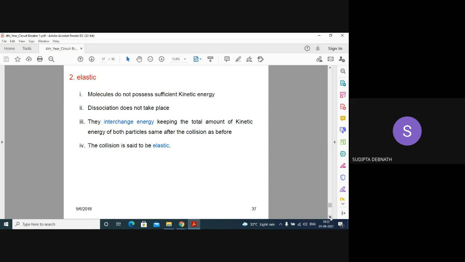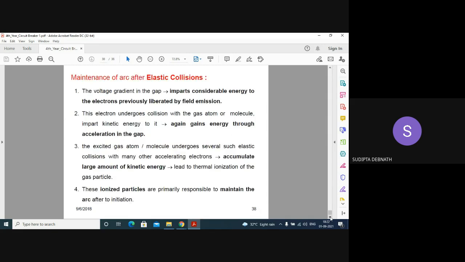You have studied the elastic and inelastic collision. In elastic collision, the total kinetic energy will remain fixed, which is not true for non-elastic collision. So one particle will transfer its kinetic energy to the other, and the collision is said to be elastic.